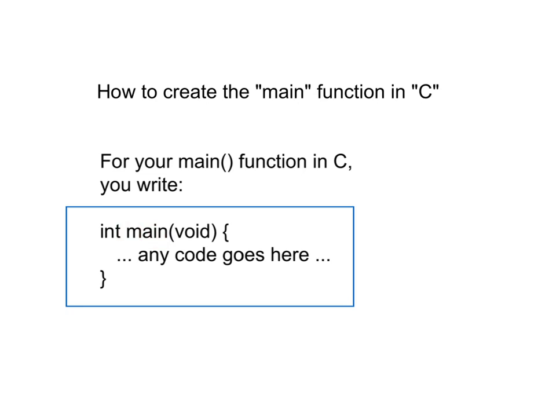Whenever you create a program in C, the name of your program is always going to be main. So this is your main function. It's basically the whole program. So after the name of the function, which in this case is main, you're going to put an opening parentheses.